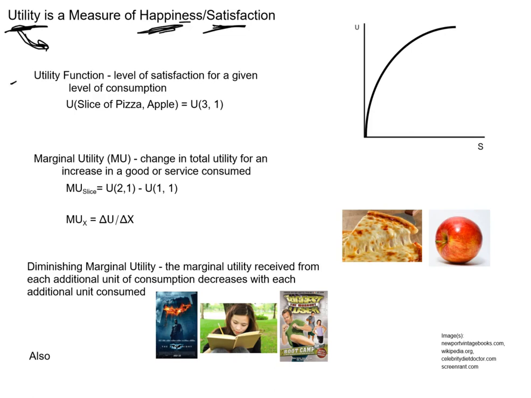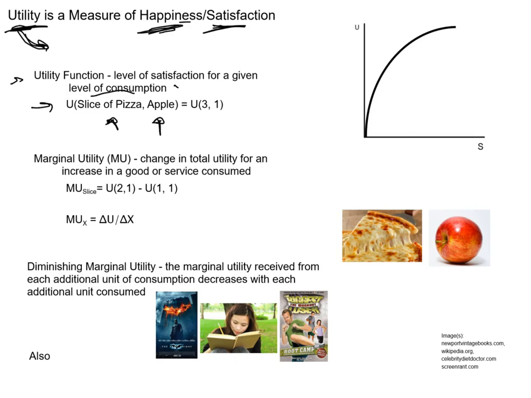We can posit a utility function, which is simply a function that tells how happy you are for a given level of consumption. And so I've got a little U for utility, and I've got a little function here. Notice that my utility function has two inputs, right? There are two things that determine my level of satisfaction: slices of pizza and apples.